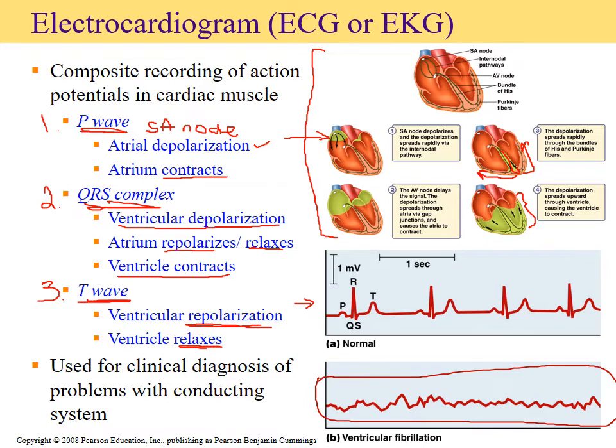Notice that you don't have your P, QRS, and T. Why? Well, because since the cells are pumping or contracting individually, they are not able to contract the atrium and the ventricle in unison. So you don't have one strong contraction, which means you don't get your typical P, QRS, and T complexes.